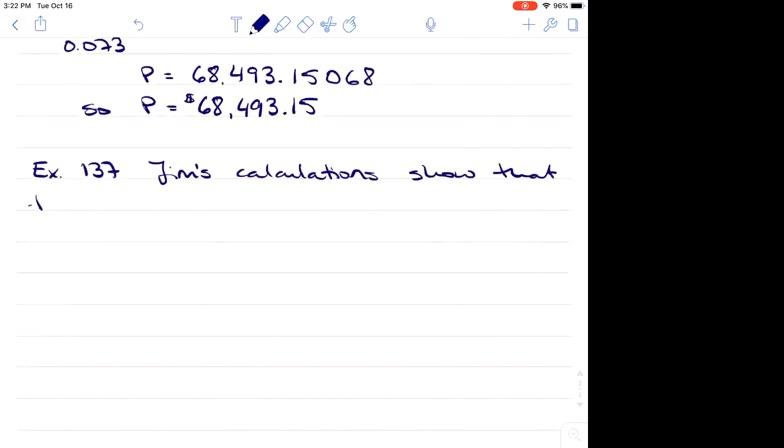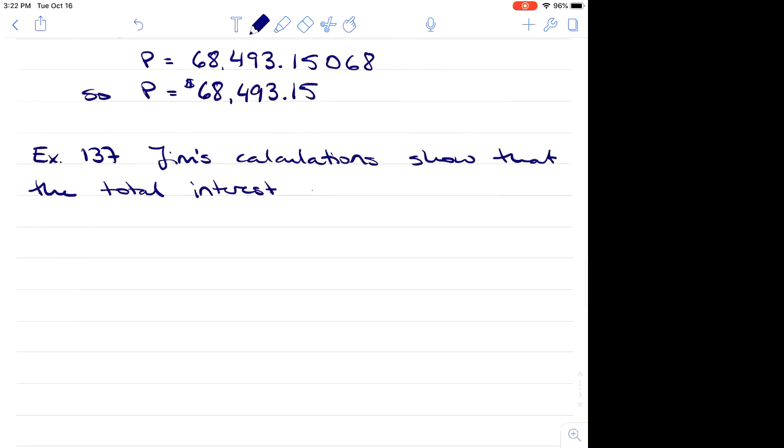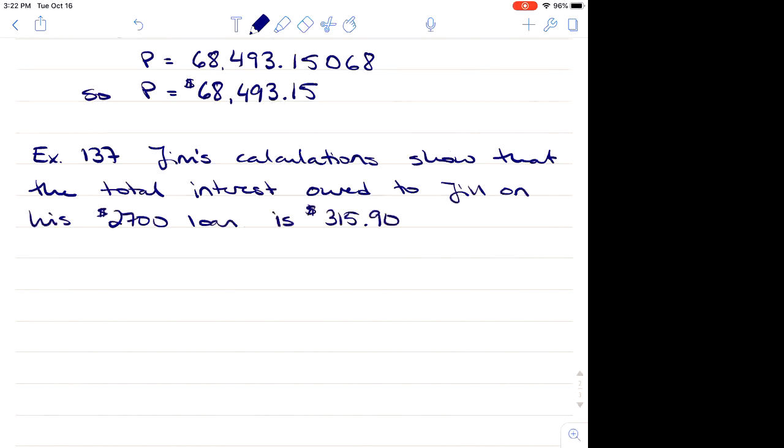Remember, loans and investments work the same way, except for loans, you'll luck out and have huge interest rates.